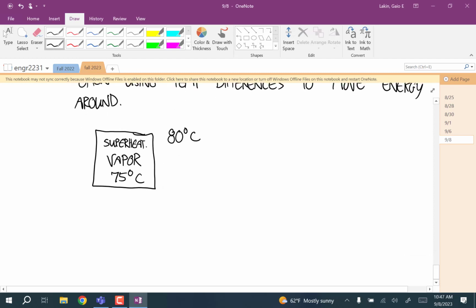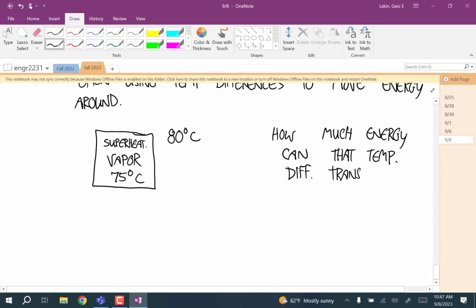How much energy can that temperature difference transfer from the surroundings to the vapor?